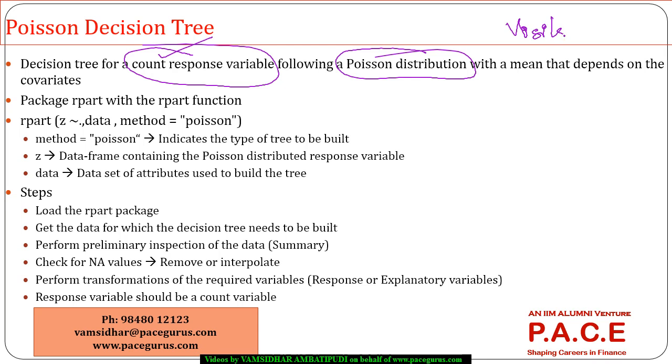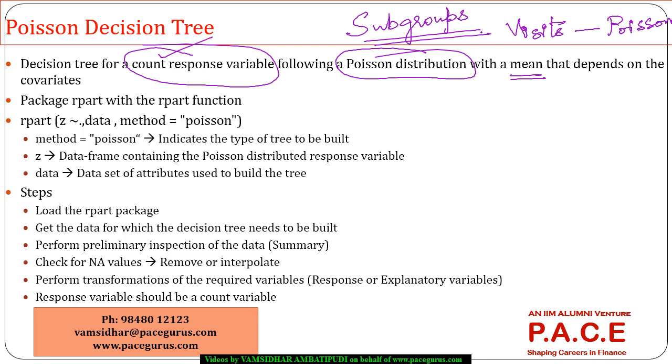If I assume that the number of hospital visits follows a Poisson distribution with a mean that depends on the covariates, then for each of the subgroups, the response variable follows a Poisson distribution with a different mean.